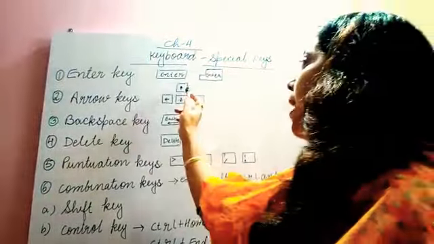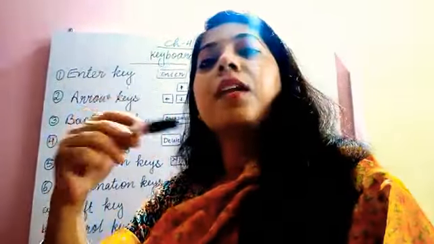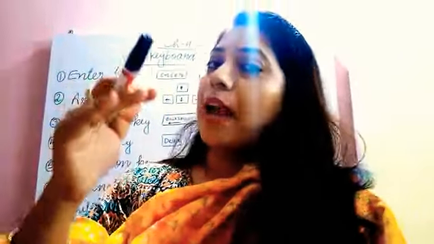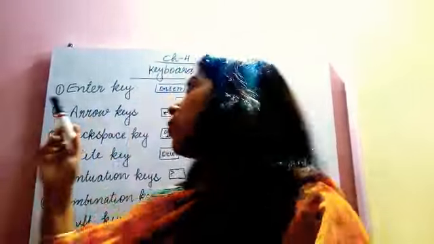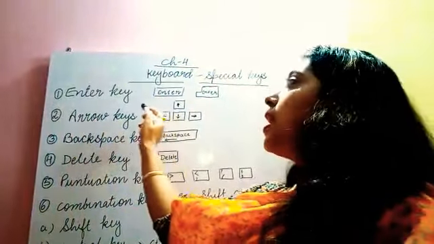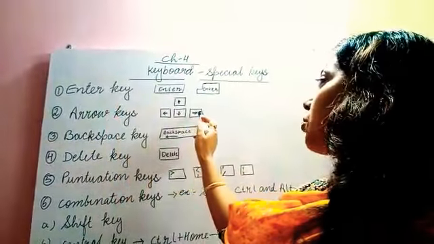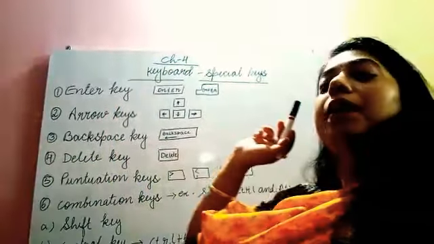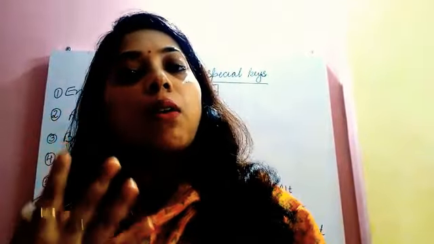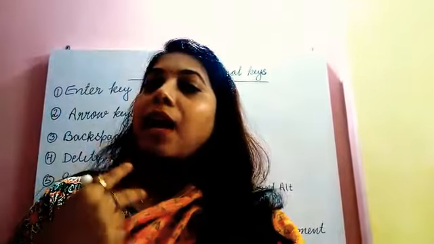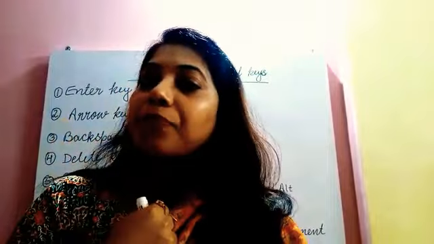Yes, this is the up arrow key. It moves the cursor in the up direction. The down arrow key will move the cursor in the down direction. The left arrow key will move the cursor in the left direction. And the right arrow key will move the cursor to the right direction. So there are 4 arrow keys and 2 enter keys on the keyboard.